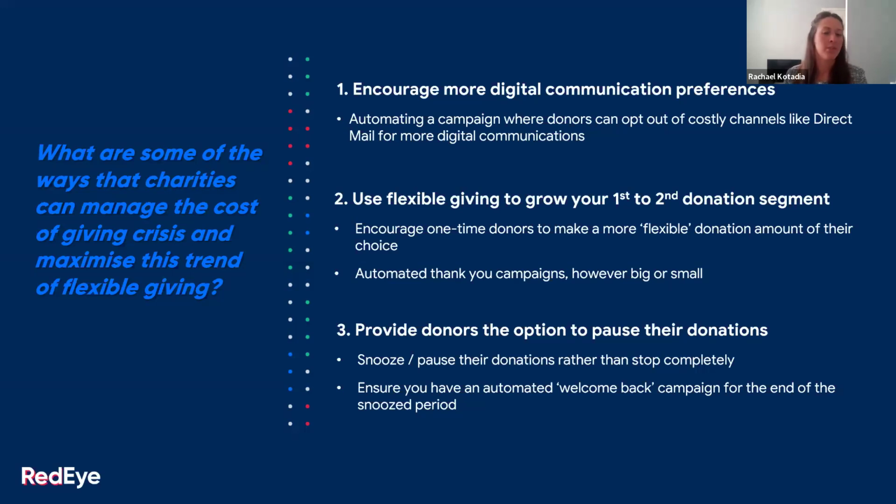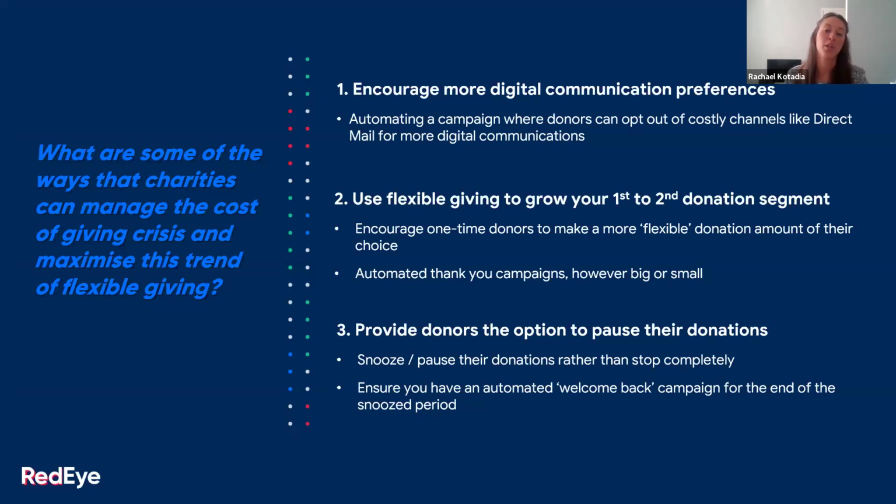So one idea is that you could automate a campaign whereby your supporters can opt out of direct mail and update their preferences so they only receive digital communications. And obviously, as we all know, digital communications are far easier to personalize in order to build these meaningful connections that we keep talking about.